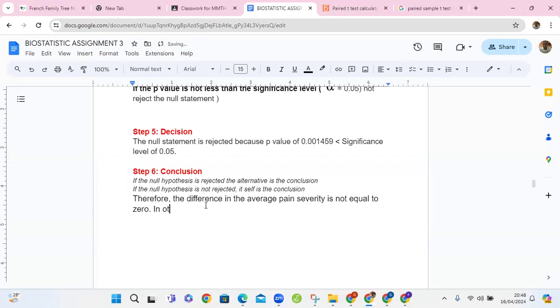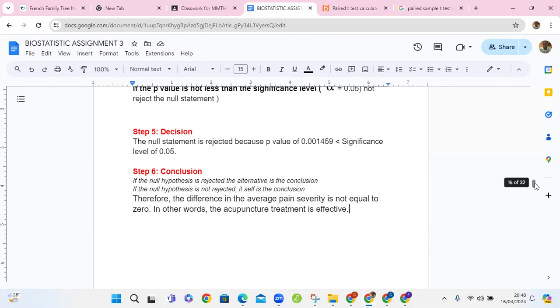In other words, the acupuncture treatment was or is effective. The difference is significant.